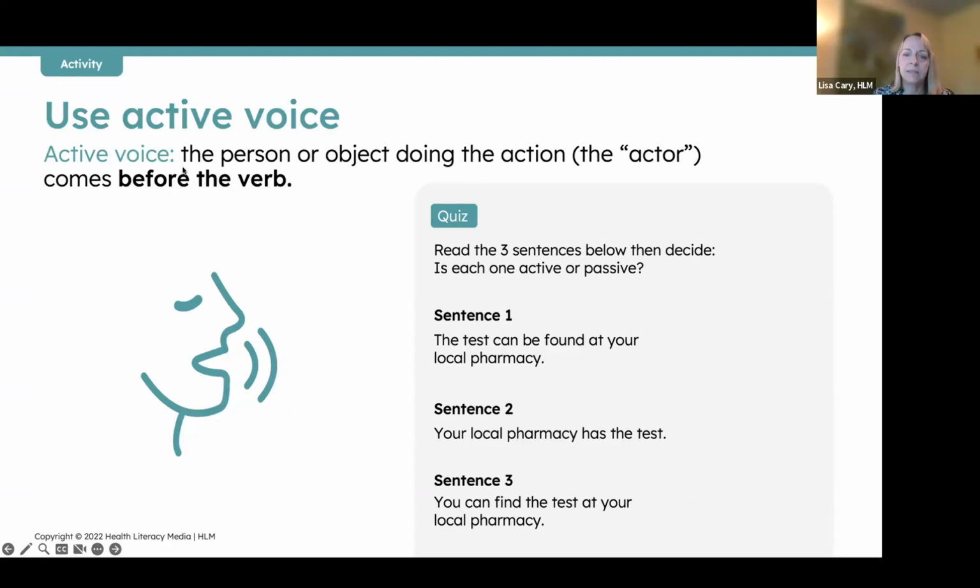Oh, okay. And I did sentence 2 before I saw the poll too. Okay, well, I'm glad you're seeing the poll. Go ahead and do all three sentences, and then Megan will reveal. Hopefully we'll be able to see the results.